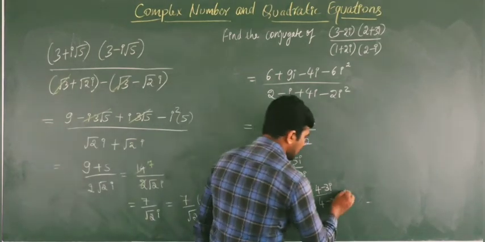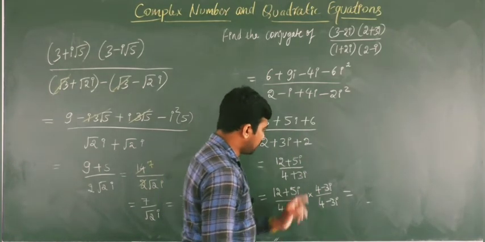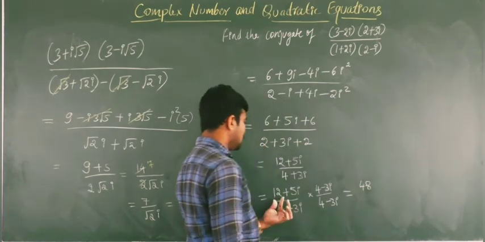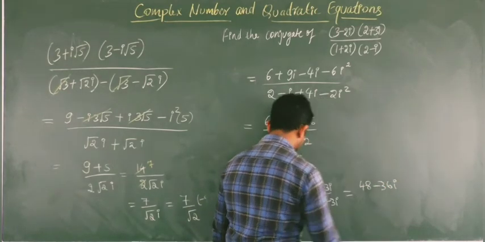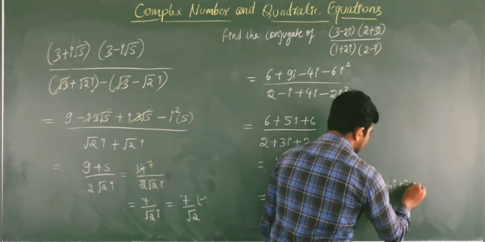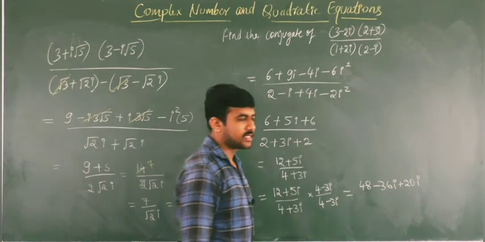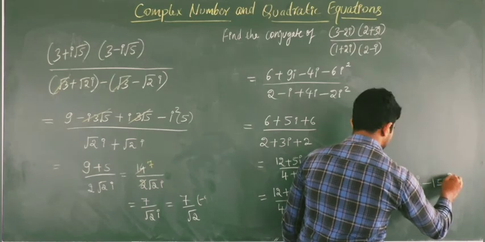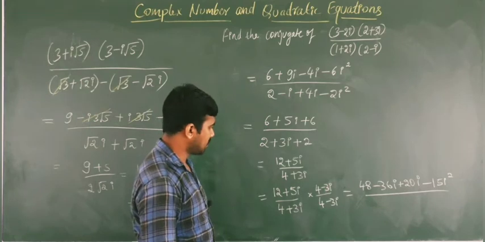Now multiply each other. 12 into 4, 12 fours are 48. 12 into minus 3i, minus 36i. 5i into 4, 20i. 5i into minus 3i, minus 15i square, because i into i is i square.